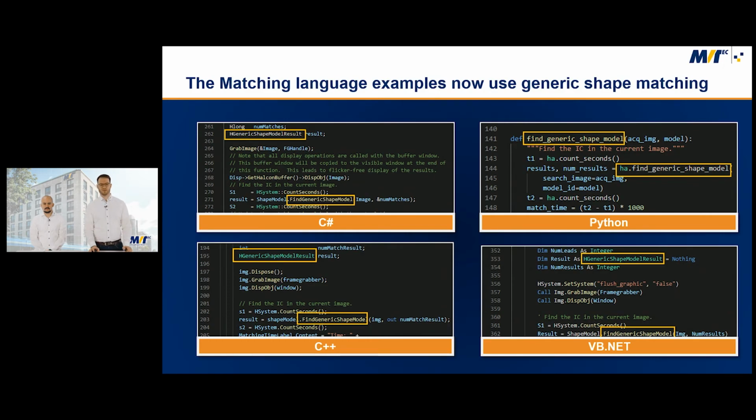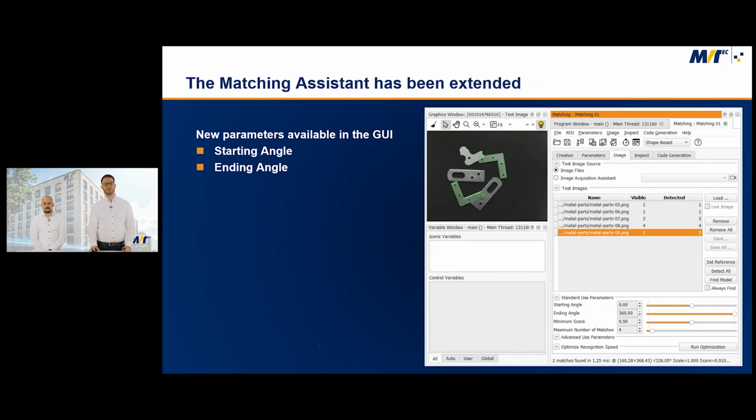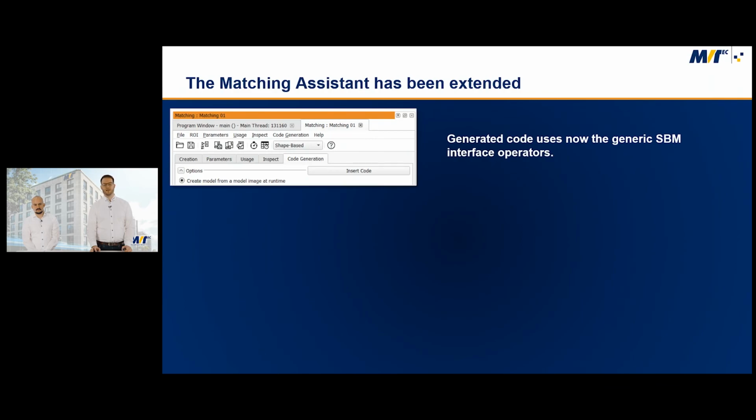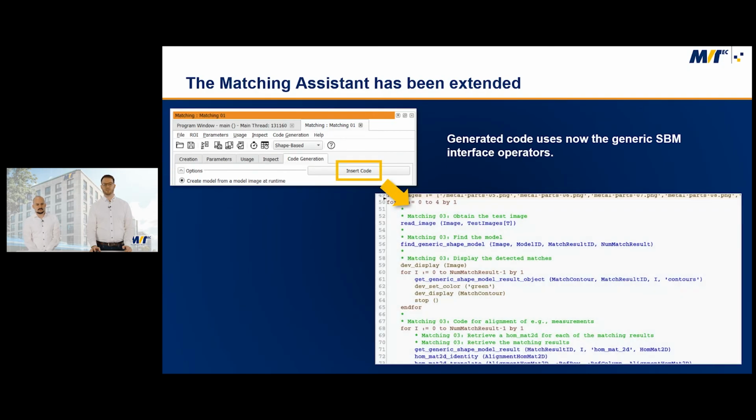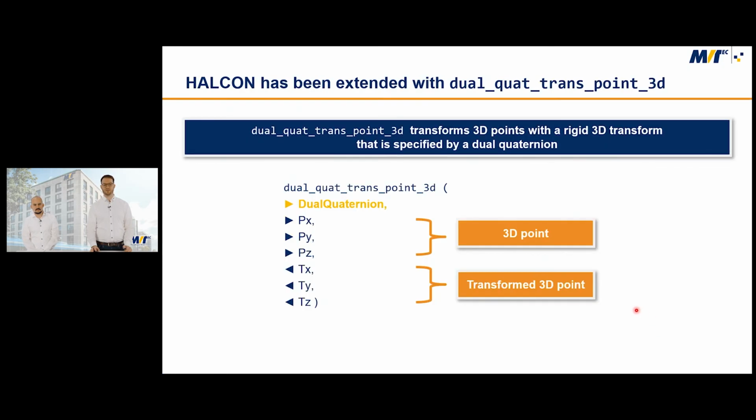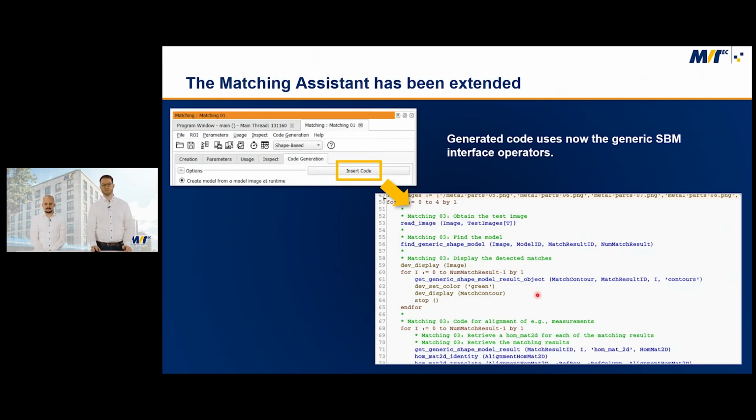And the matching assistant has also been extended. So if you're using the assistant, you can now use the parameters starting angle and ending angle in the matching assistant. And when you use the code import into HDevelop, it also now uses the generic shape matching interface.